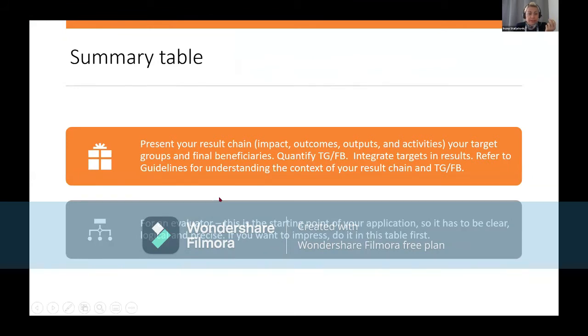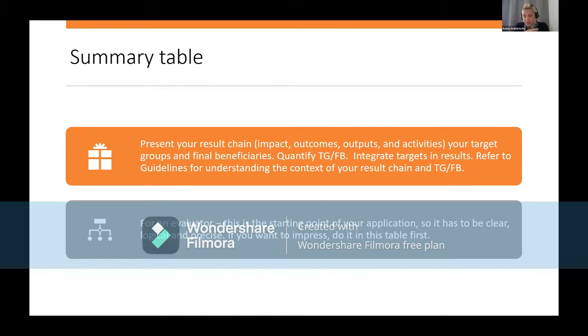Okay, so in this summary table, that is the first part of the concept note template, you should present in brief your result chain. We talked yesterday about result chain and result-based management. It is basically what you will present later on in the logical framework matrix. So you should present the impact, outcomes, outputs, and activities.